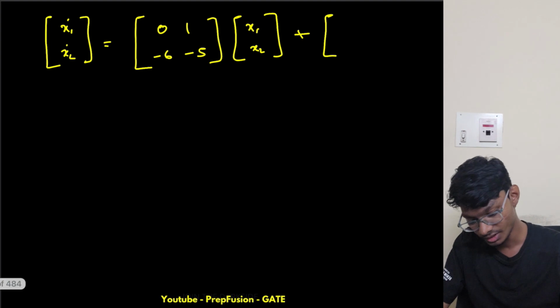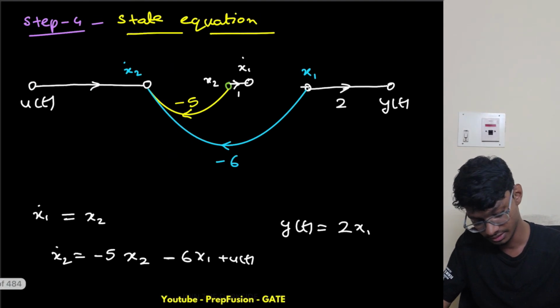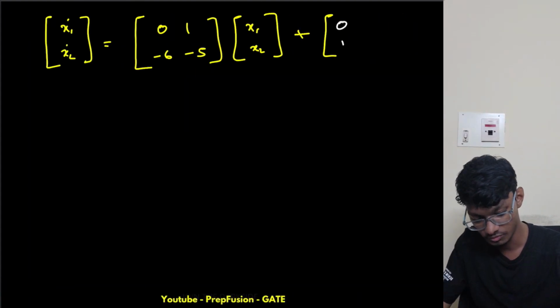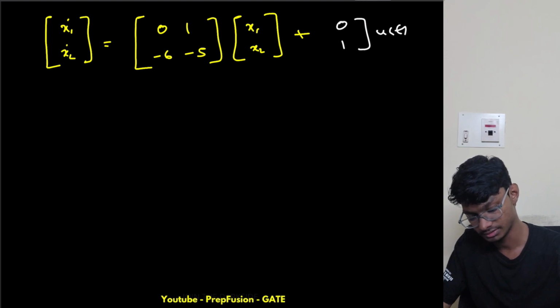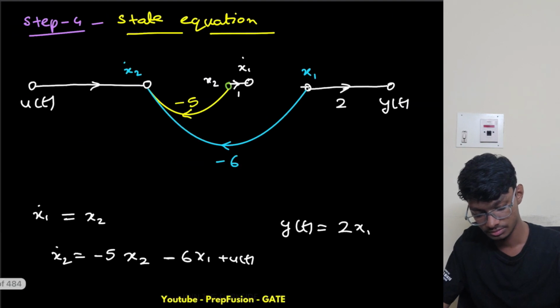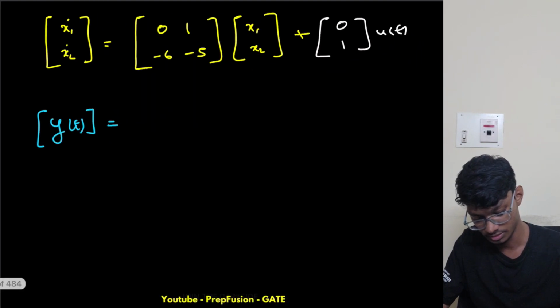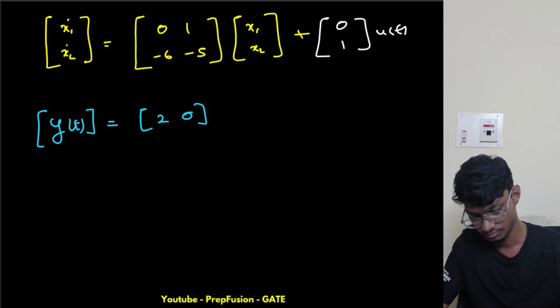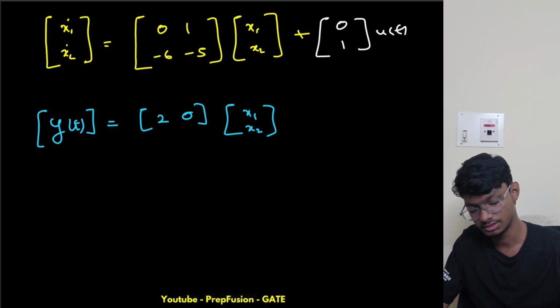So this is x2 dot of t, and it will be 0, 1 and u of t. And now what is my y of t? My y of t is 2, 0 times x1, x2, and D is 0 only.